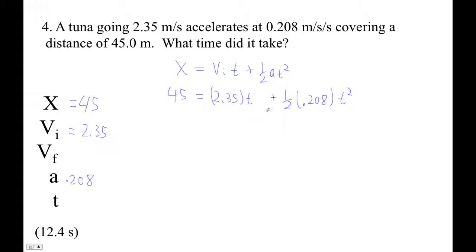Now what we've got to do is recast this thing. So half of 0.208 is 0.104. So I'm going to go 0.104 T squared plus 2.35 T minus 45 is 0.